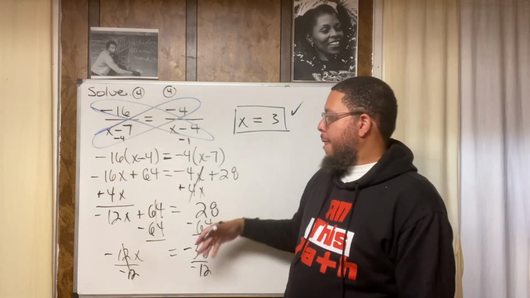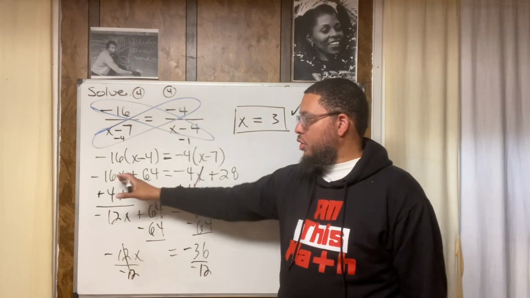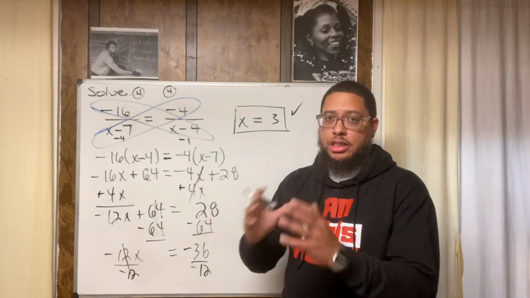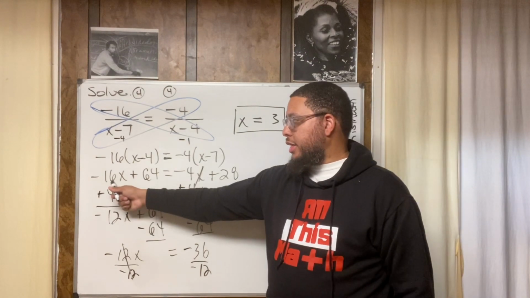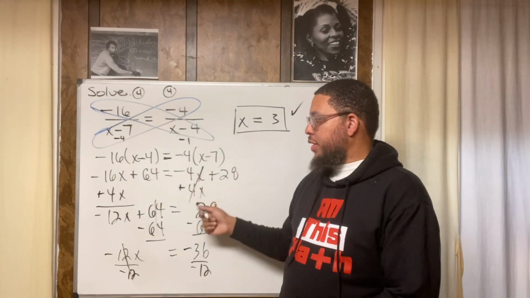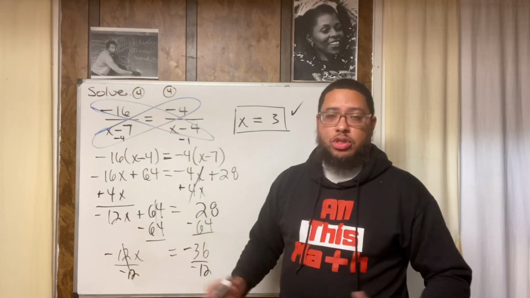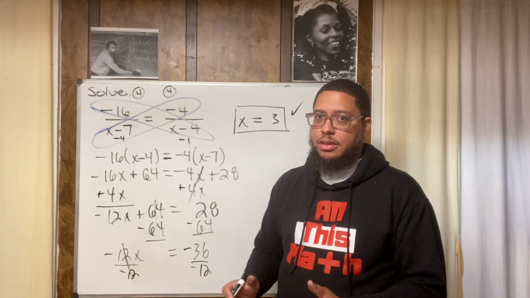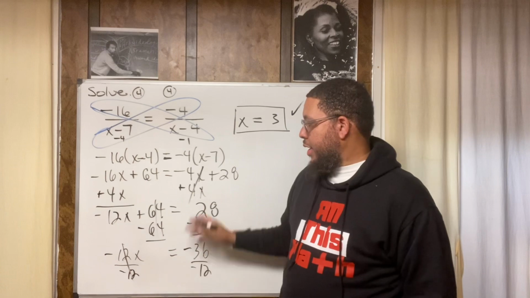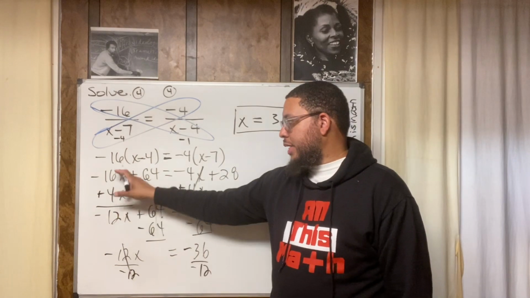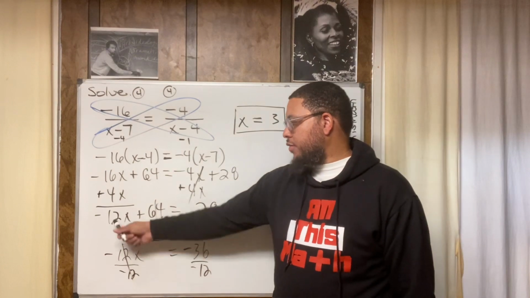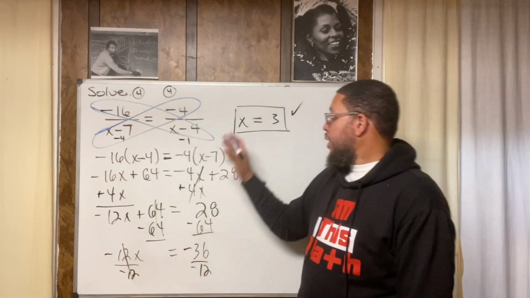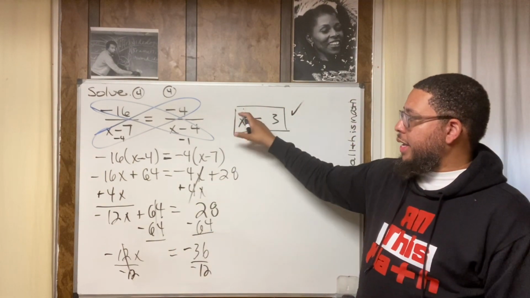Then we got x's in more than one place, so we want to have x in just one place. I could have added 16x on both sides. I decided to add 4x on both sides. It doesn't matter as long as we get the x's in one place, one term. So I combined the x's by doing plus 4x on both sides. And then I got to get rid of 64 and get rid of negative 12 to get x by itself. And I get x is equal to 3 when x is by itself.